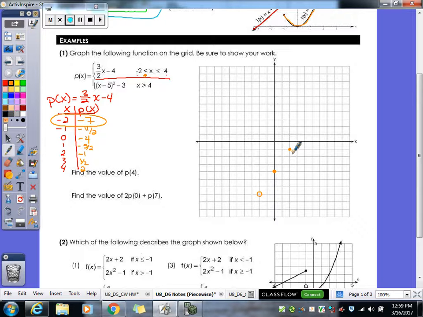And 4, 2. And that's going to make our first piece. And then, of course, we label it. P of x equals 3/2 x minus 4.